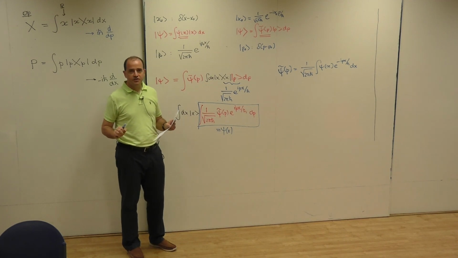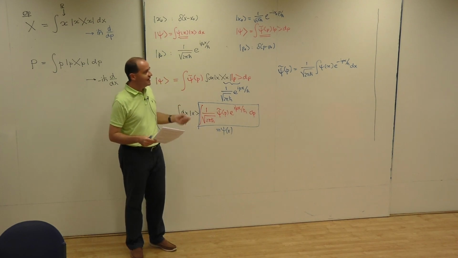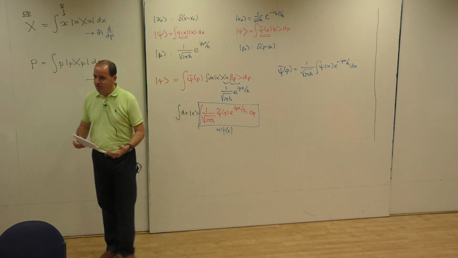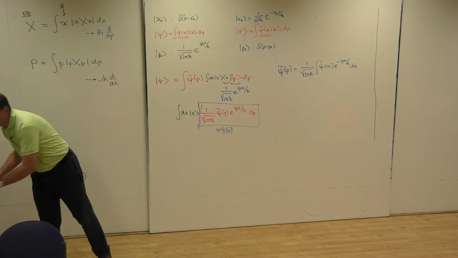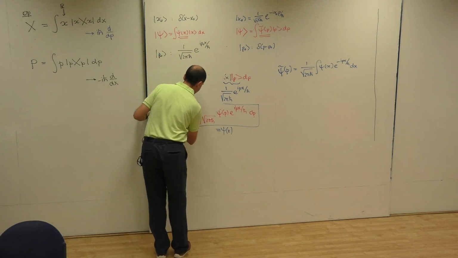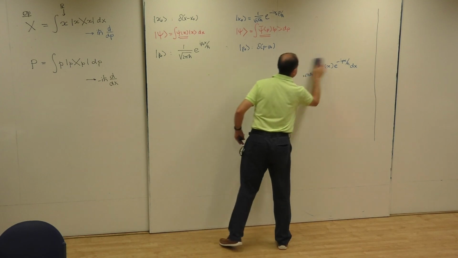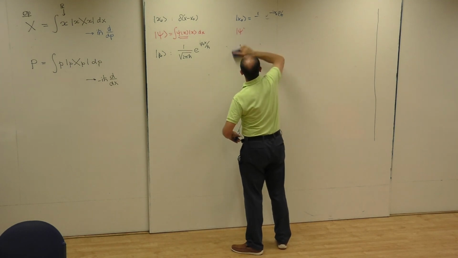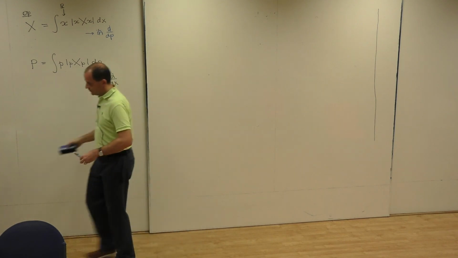Very last remark before we finish this. You may ask the question, if I know everything about position and everything about momentum, do I know everything? The answer is no. Let me clarify this statement in a proper way. So the question I'm asking is this.